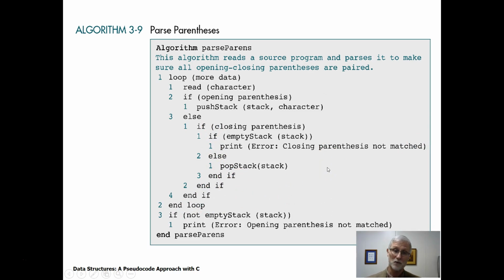And if it goes all the way through and there's still something on the stack, then I've got an opening parenthesis without a closing one. So this parsing algorithm is what your compilers or the IDE are doing to say, hey, I want to make this parenthesis red because I can't find the closing parenthesis. So, a good use for a stack.